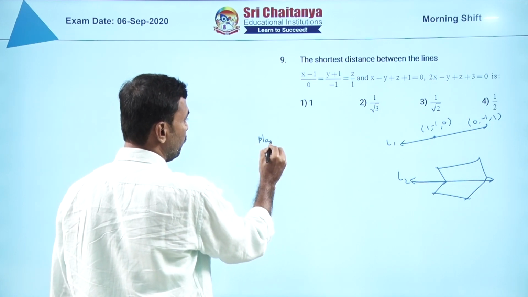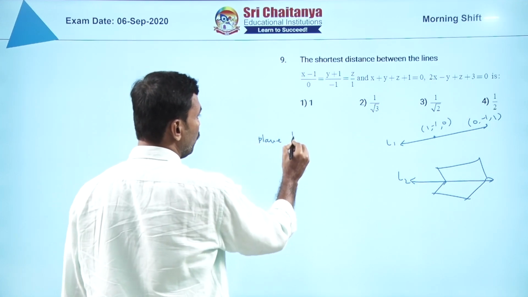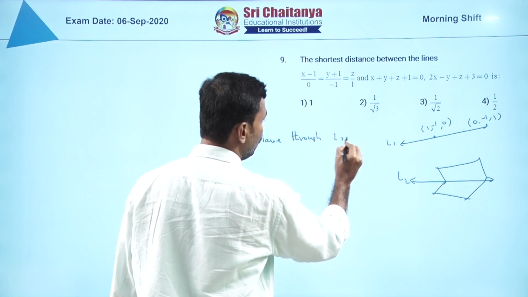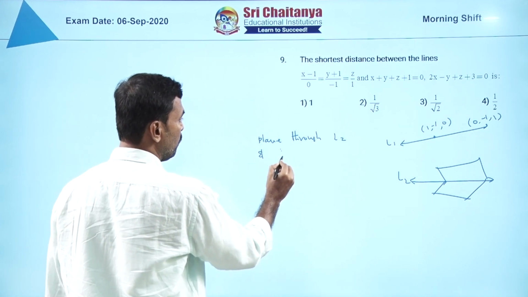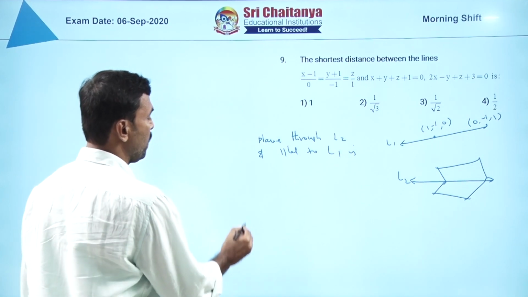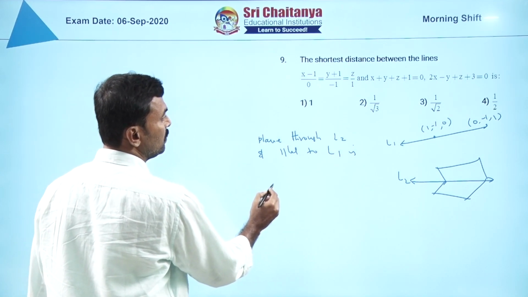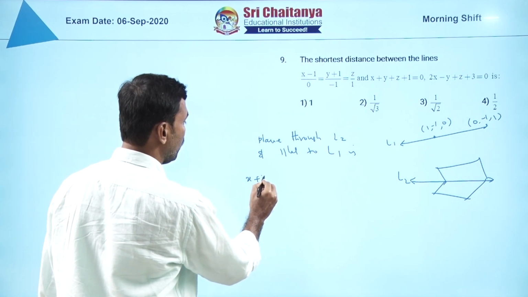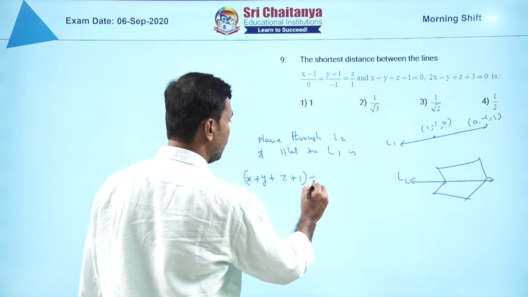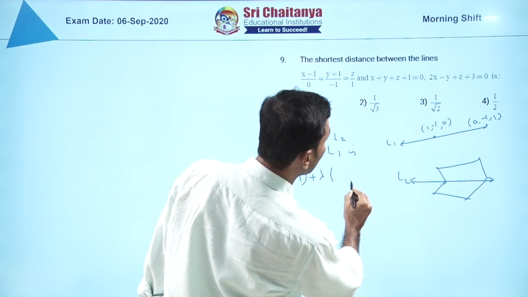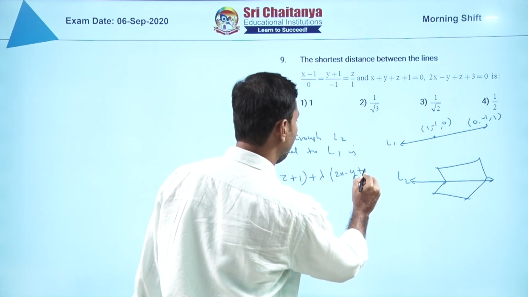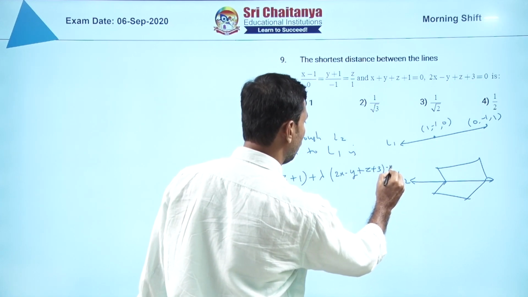So, any plane through the second line L2 and parallel to L1 is x plus y plus z plus 1 plus lambda into 2x minus y plus z plus 3 is equal to 0.